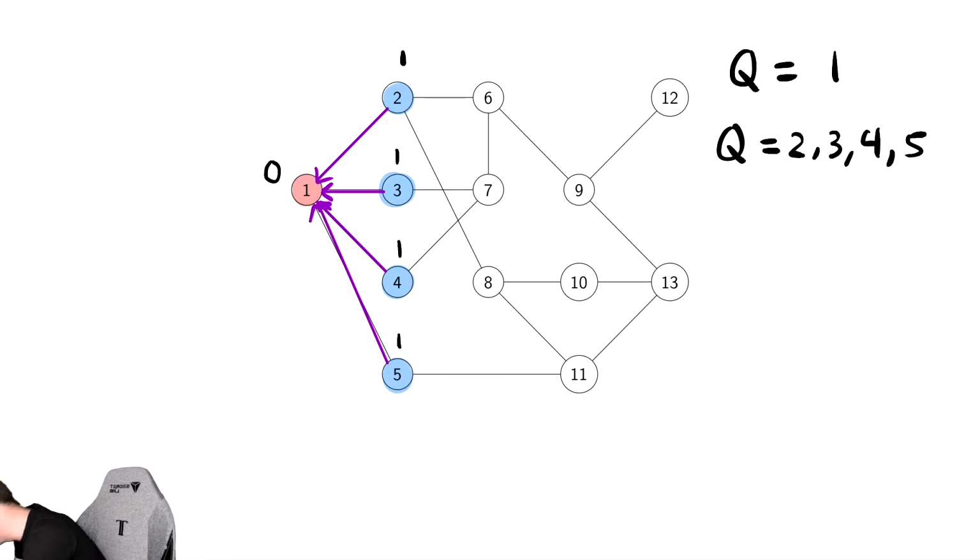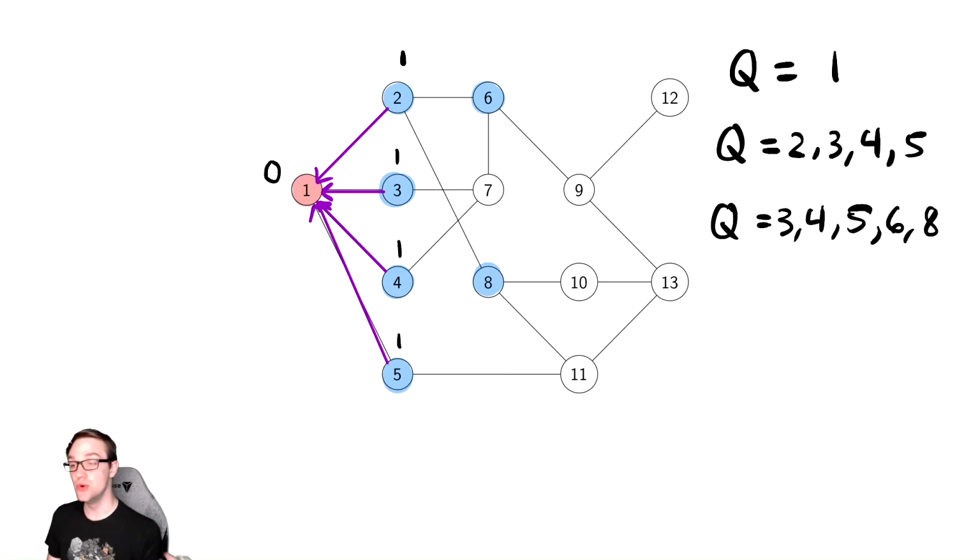So starting from 2, we look at everything adjacent to 2. So we look at, let's do it again in numerical order, 6, then 8. So our next queue is going to be 3, 4, 5, and then we added 6 and 8 at the end. So 2 gets removed, then we add our new stuff at the end.